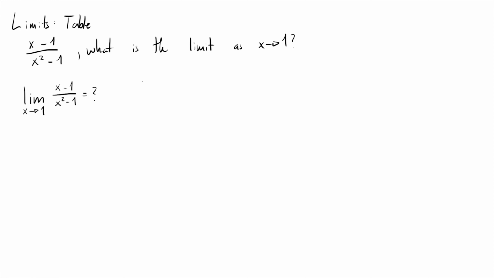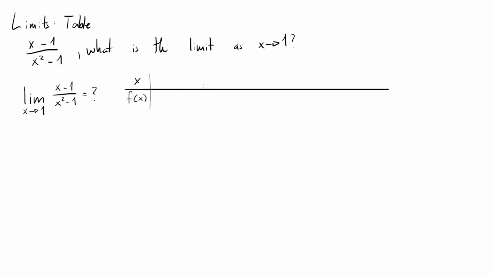The way we can arrange this table is we can have our x values up here and our f of x values down here. Let's make this a straight line. Now all we have to do is choose some x values.